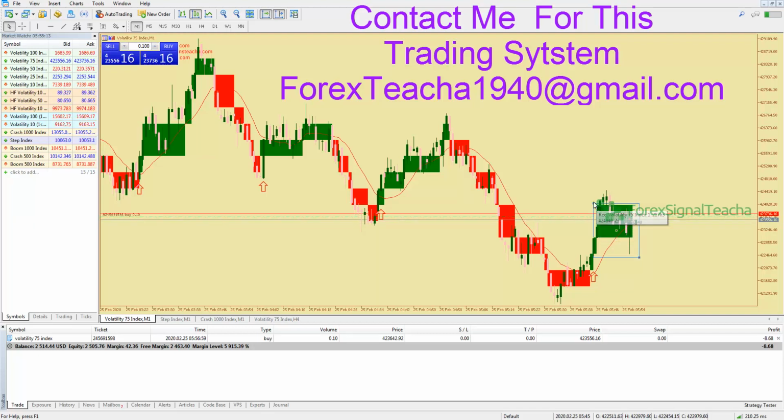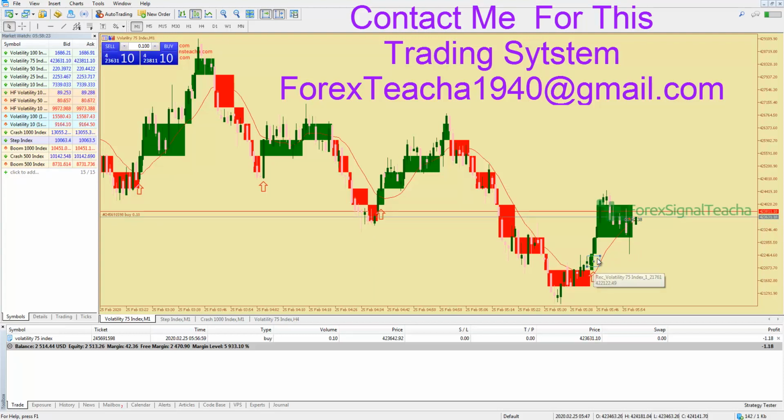If you are going to use this system, place your trade down here in the first box, this one here. That's where you're supposed to place your trade, so that it has enough room to go in your favor.